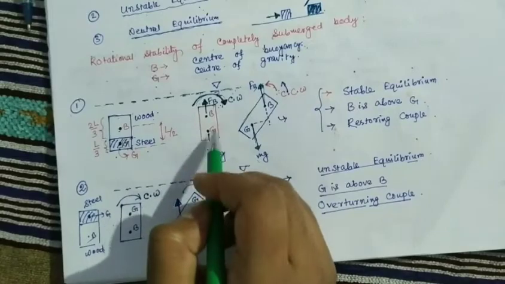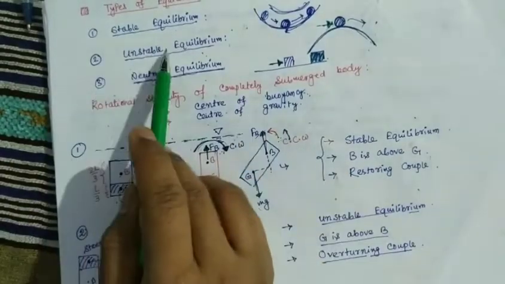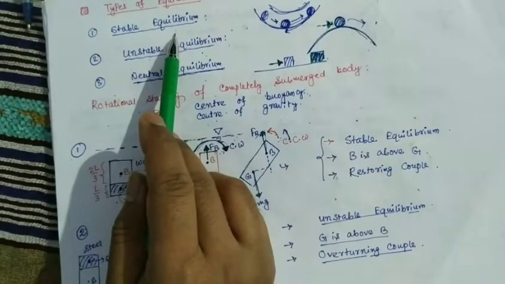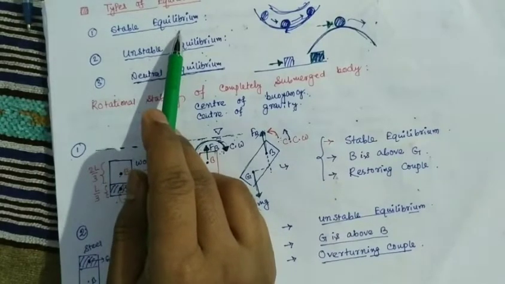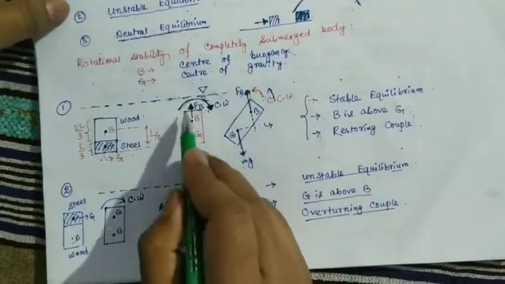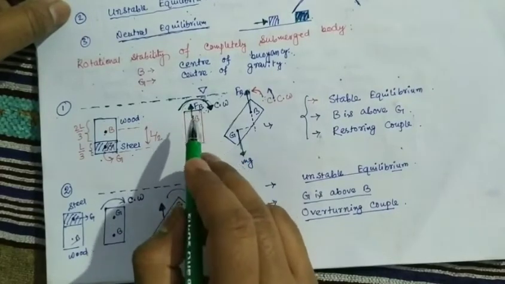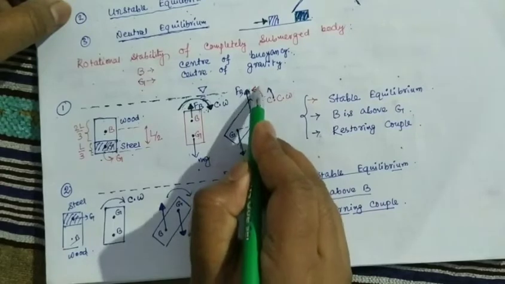So in this way, the body will regain its original position. As I told you, stable equilibrium is a state in which a body tends to return to its original position after being disturbed. I disturbed the body, but the body returns to its original position. This counterclockwise rotation, the restoring couple, is the reason.